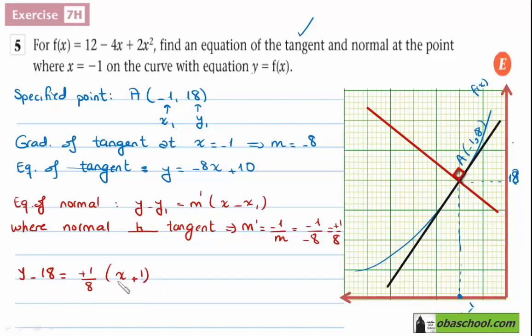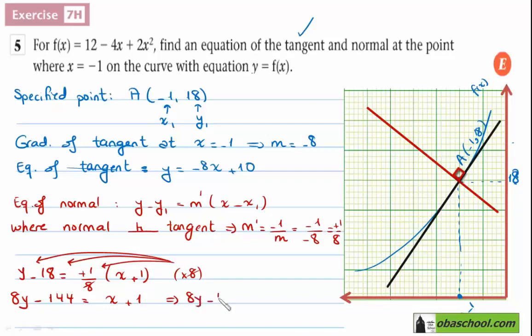So now we can think about getting rid of the fraction by multiplying all of the equation by 8, so it's easier for us to look at the equation. Multiplying all of the equation by 8, we are going to get 8y minus 18 multiplied by 8, that is minus 144, equal to x plus 1, because 8 multiplied by 1 over 8 is 1.